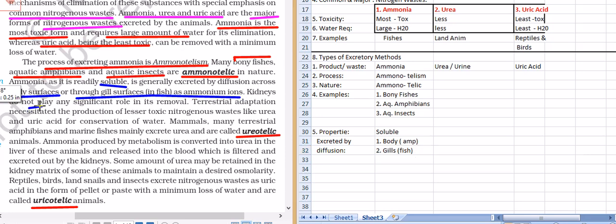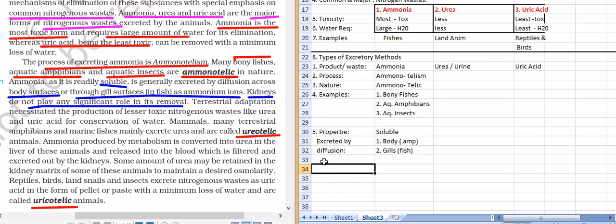Kidneys do not play any significant role in this removal. There is no role of kidneys. That you have to highlight here. We will write it as an extra point, as a conclusion. Sixth point, conclusion: kidneys, no role.